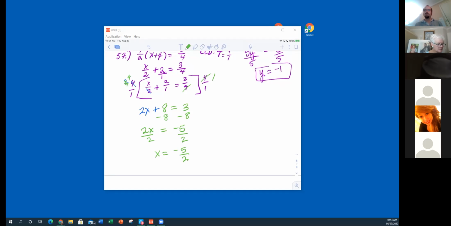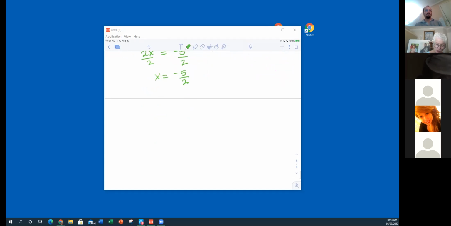The last problems are, and again, some people, the decimal parts don't bother them. So I'm just going to call this clearing the decimal. But again, you don't have to do this if you don't want to.